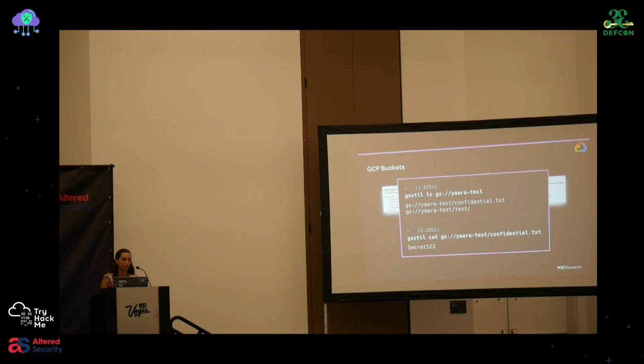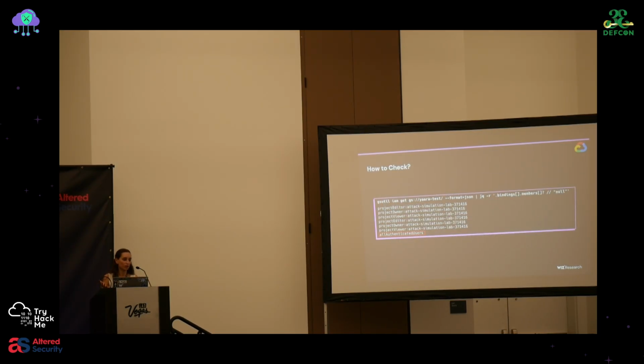And now we see that we can actually read the contents of the bucket. So we can list all of the file names and actually read the content. So if you have confidential data in your bucket and it has the allAuthenticatedUsers policy, then any authenticated user can read this data.